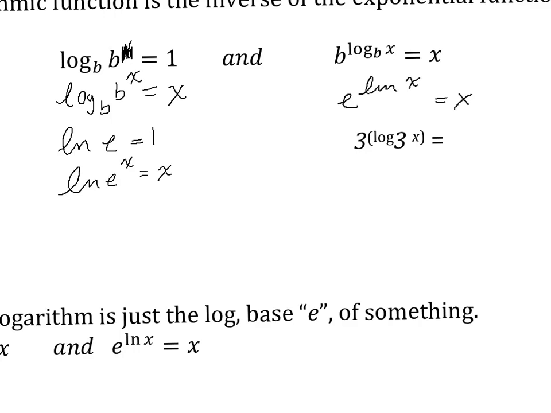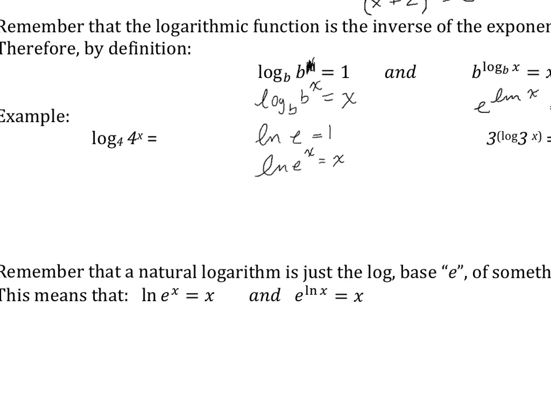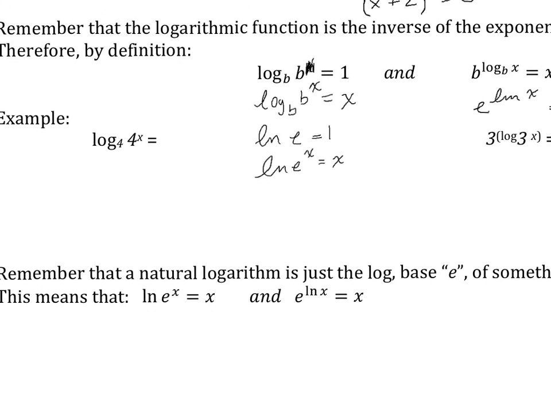So using these formulas and these principles, we can very quickly determine almost complicated looking things. So the log base 4 of 4 to the x is just going to equal x.